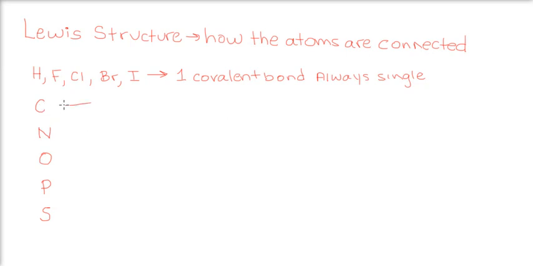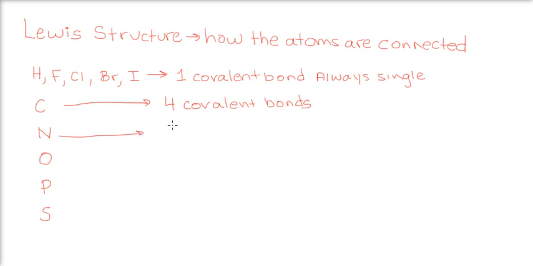Carbon, which is in group 4, is going to make 4 covalent bonds all of the time. Now there are going to be exceptions to this, which we'll get to later on, but for the time being, carbon always makes 4 covalent bonds.